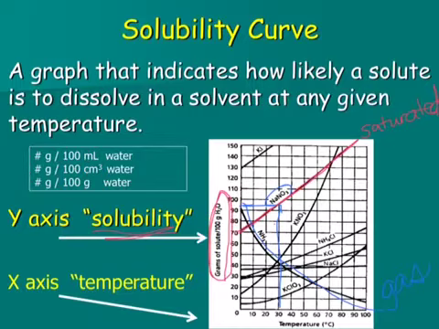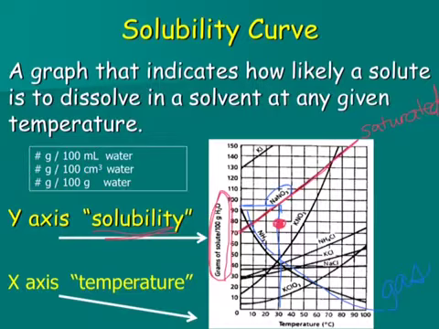So we've got saturated, that's on the line. Then let's talk about what happens below the line. That's pretty easy. So if we were talking about sodium nitrate again, then if we picked a point right here maybe, at 30 degrees, if there's 80 grams that dissolved, would we call that solution saturated, unsaturated, or supersaturated?